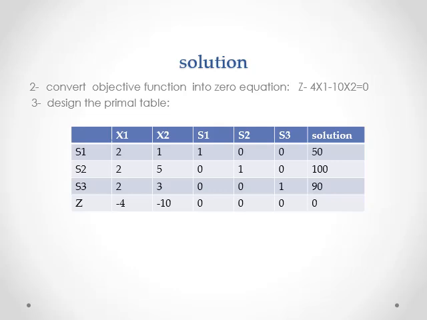The next one is the coefficient of s1. In the first constraint, there is no s2, respectively there is no s3, then their coefficients are 0, 0. The solution is the resources b in case of the first constraint.